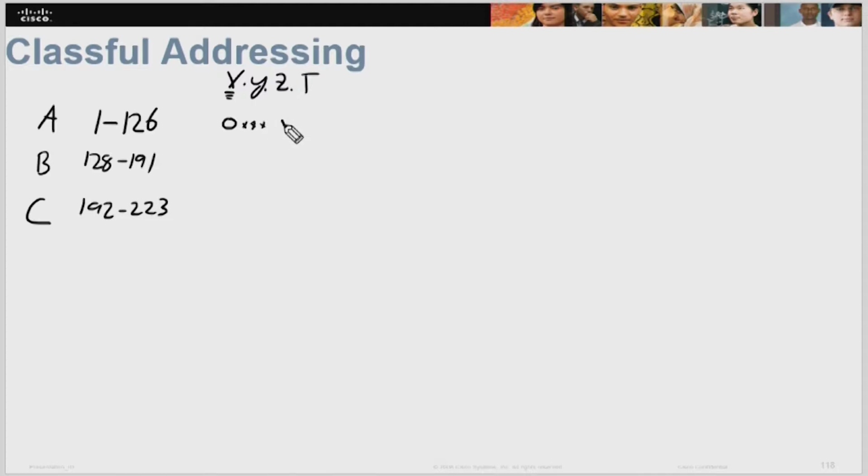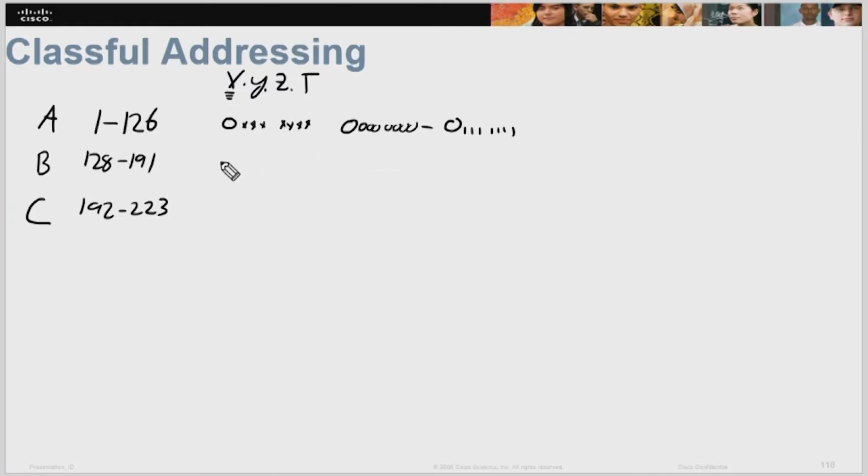So I have 8 bits in that octet. If the first bit is a 0, that's the definition of a Class A. So all the way from 0, 0, 0, 0, 0, 0, 0, 0 through 0, 1, 1, 1, 1, 1, 1, 1 is the Class A address space.